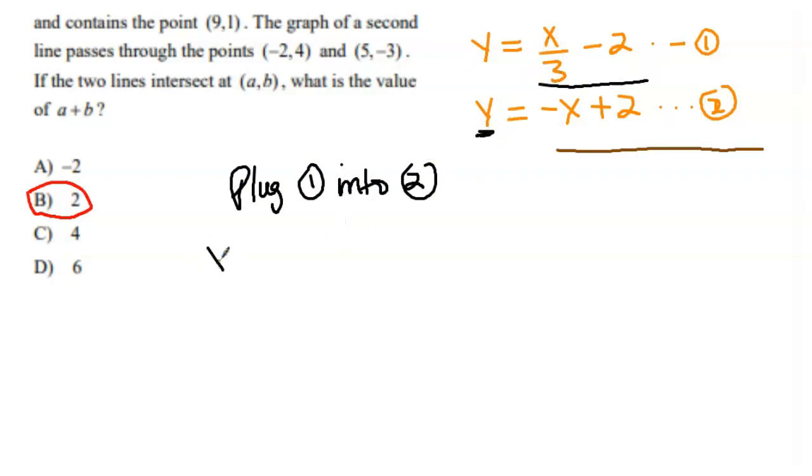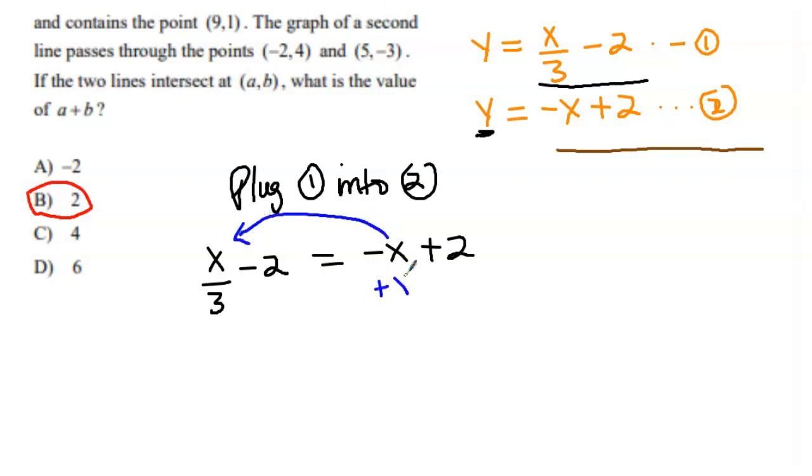So that would have been x over 3 minus 2 equals negative x plus 2. So we want to solve for x. So we will bring the x over here. That means we are adding, we want to make here 0, and we'll add the same thing here. And we will bring this one over here because we want to get rid of it, we want to make it 0. So we add 2. And here we add 2.